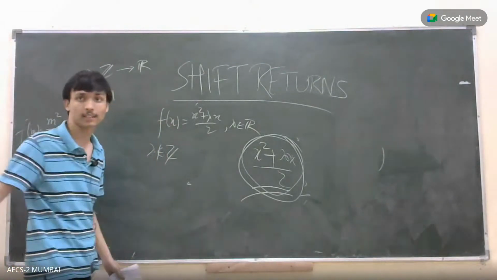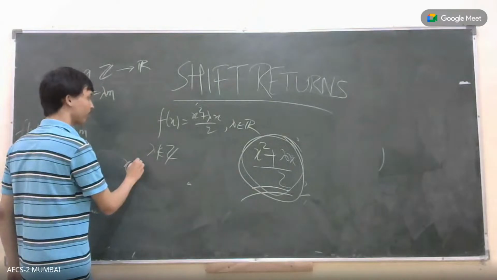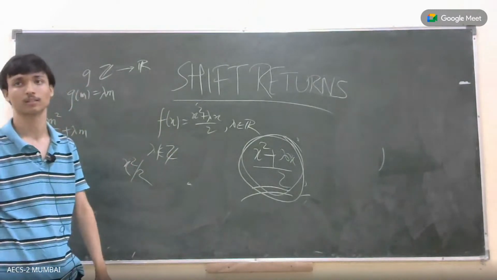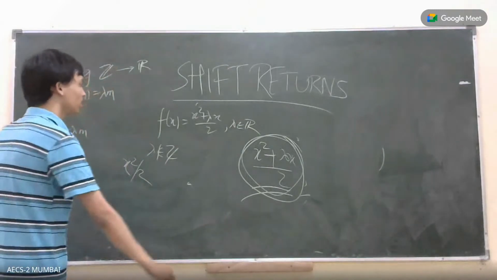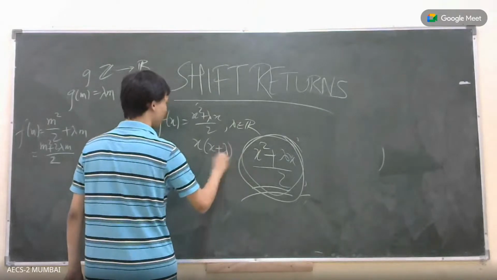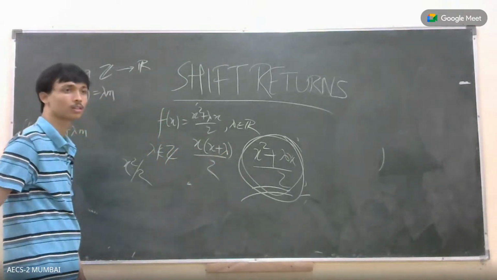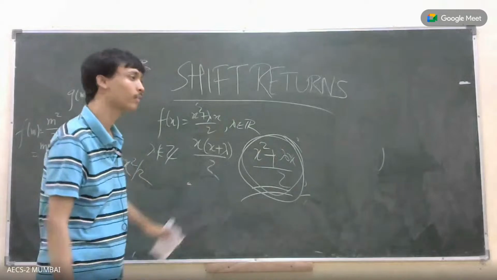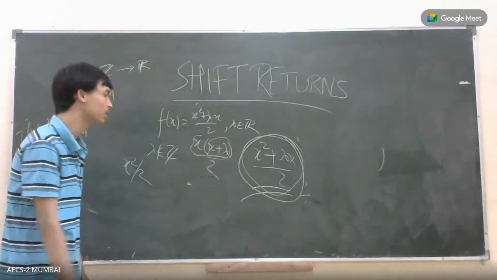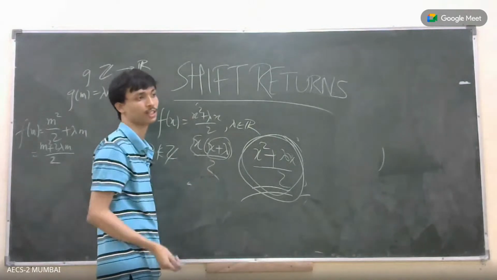But even if lambda is an integer, so suppose we have lambda of 0, x square by 2 is still not an integer for all x, right? So now you say this is x into x plus lambda by 2. Lambda is now an integer. If this has to be an integer, that means that either this or this has to be even, right? So if x is even, fine, but what if x is odd?